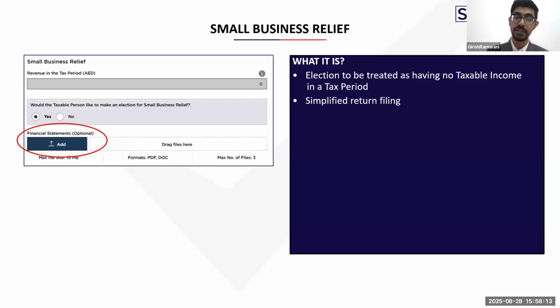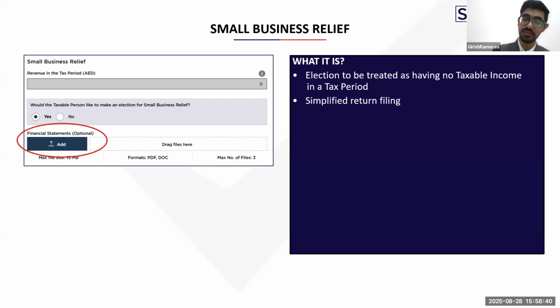They have given an option that any small business can file a simplified return, with just small disclosures about the revenue, certain other information, and making the elections of realization basis and transitional relief basis. You can just end your return over here. Any subsequent parts of the corporate tax return would not be applicable. You are not required to fill them. Your tax return would end over here.